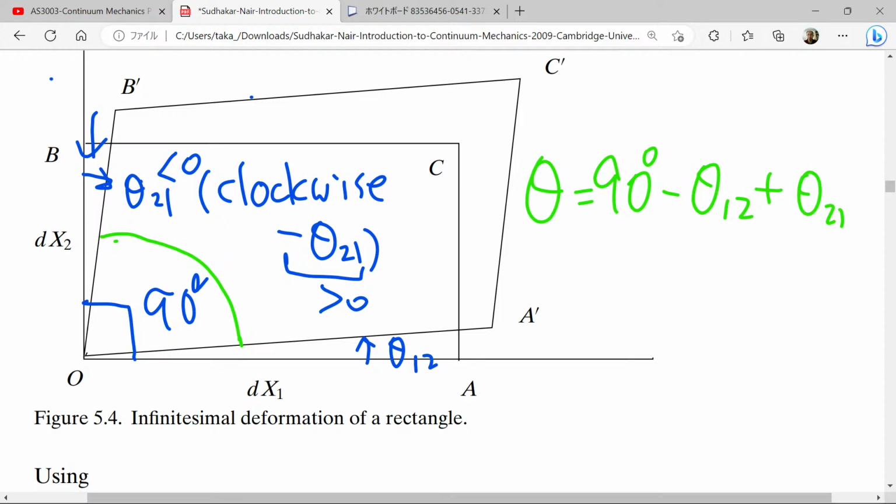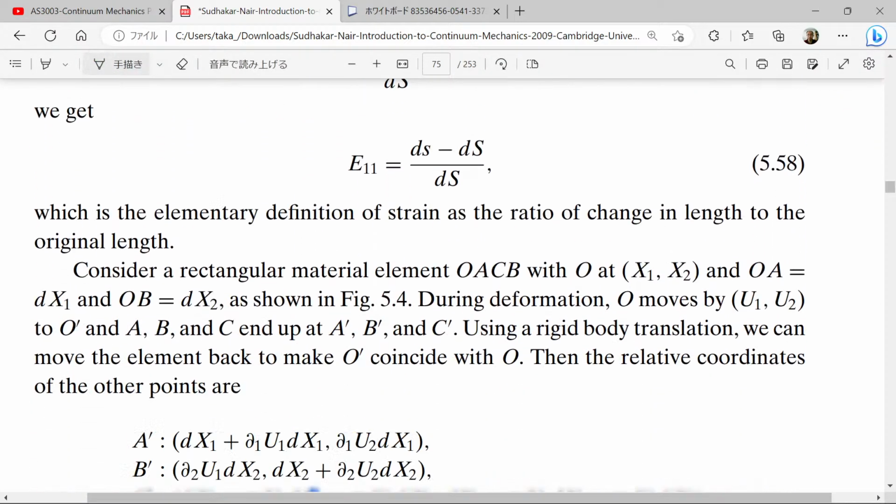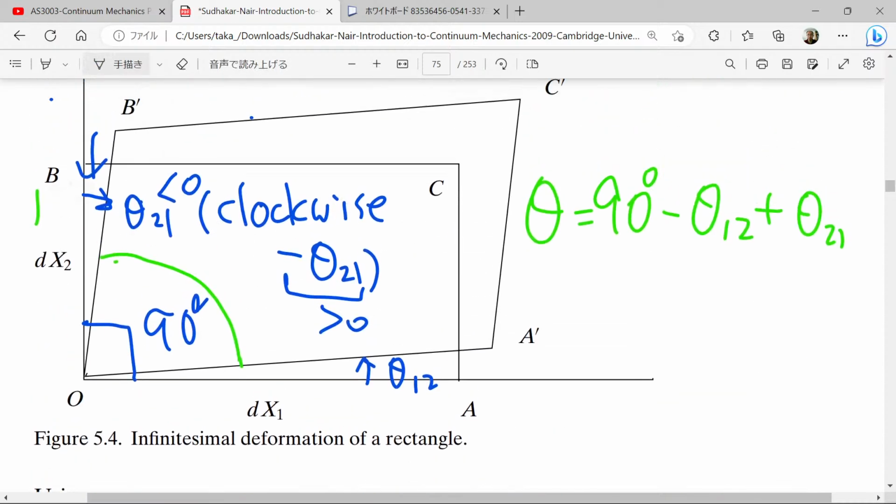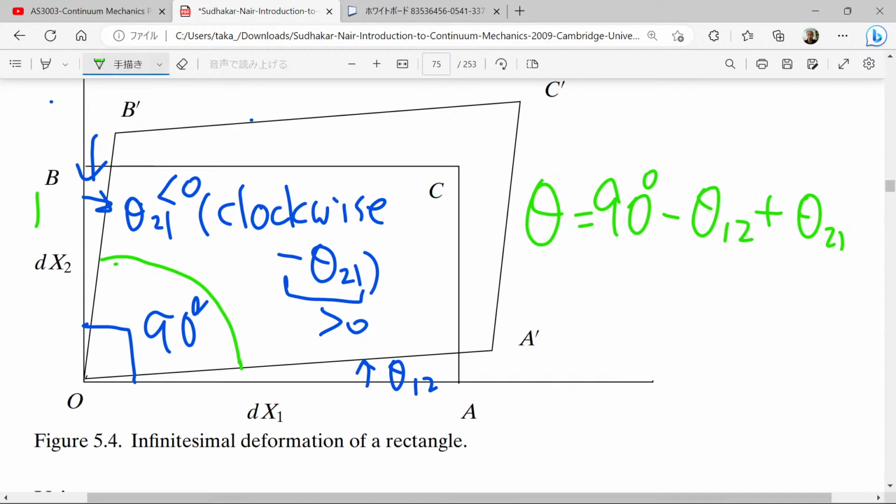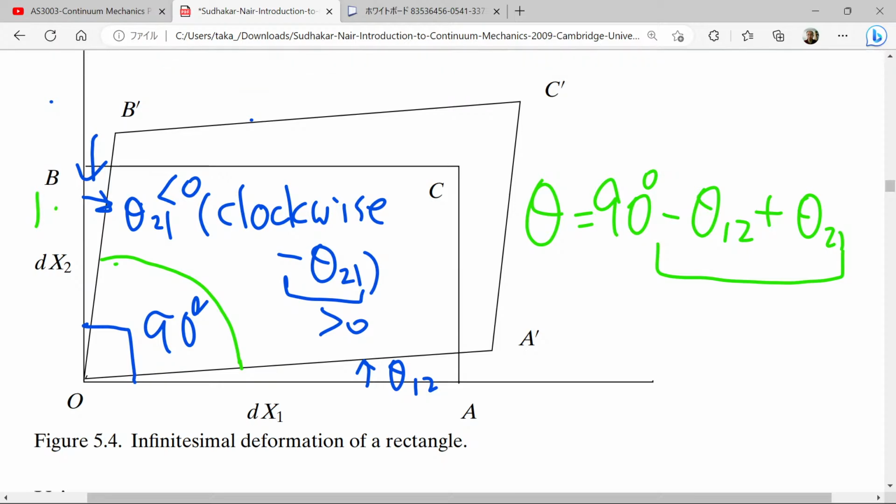It's a little bit complicated. And this part, right? This part is gamma. Is this minus gamma 1, 2?